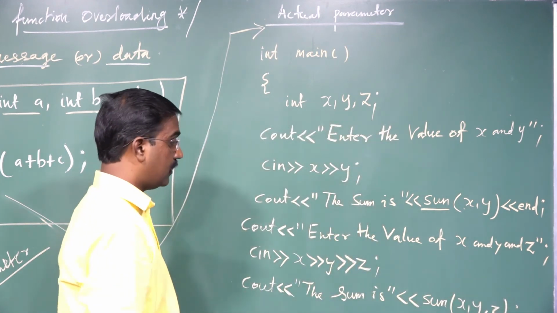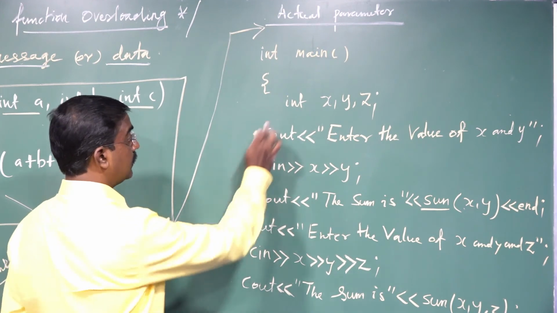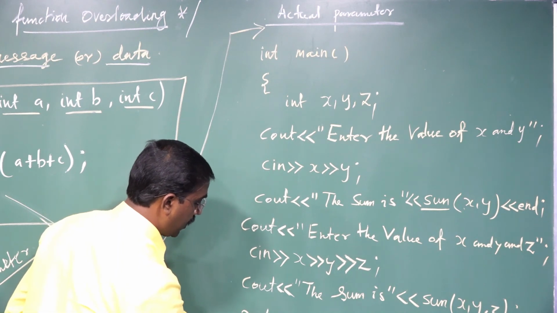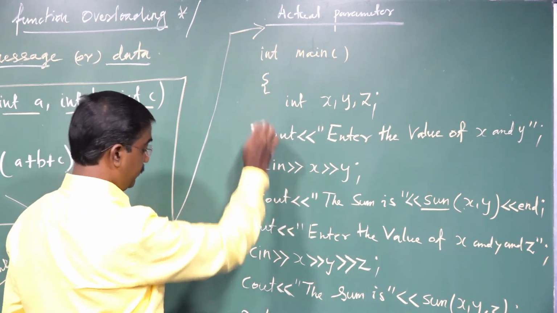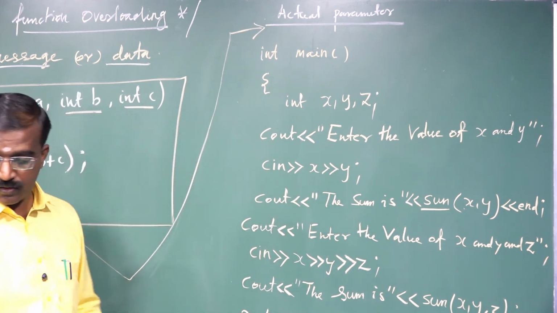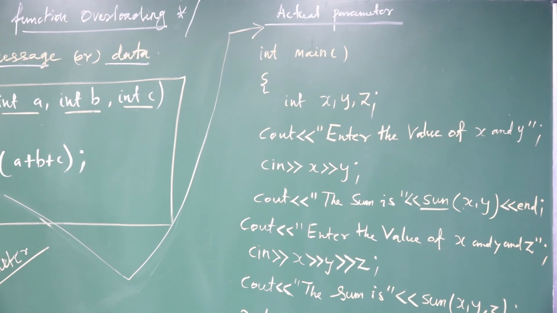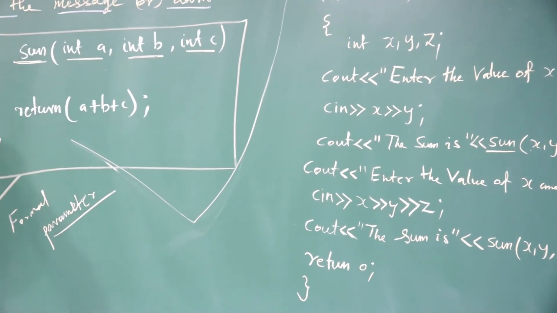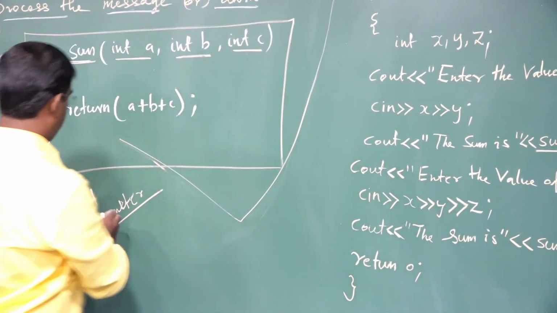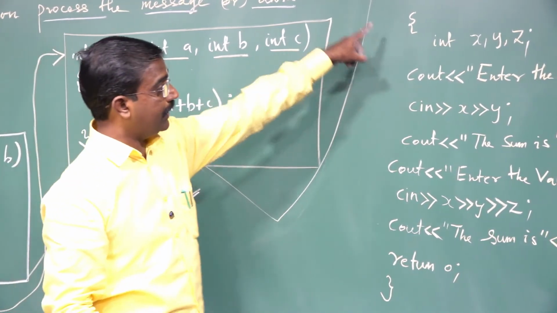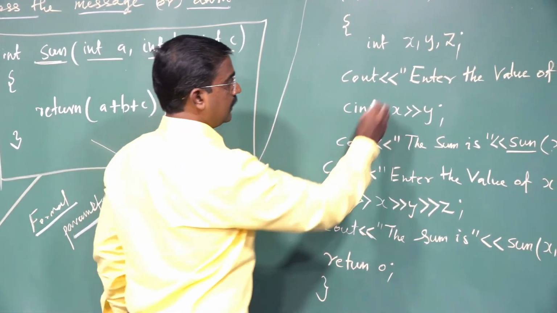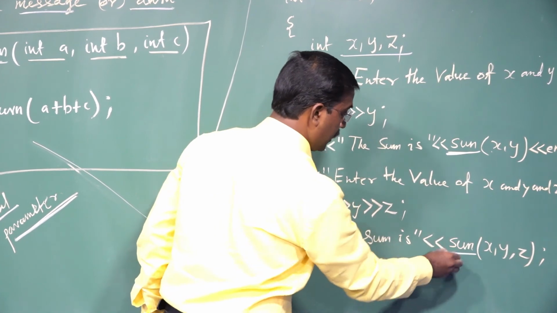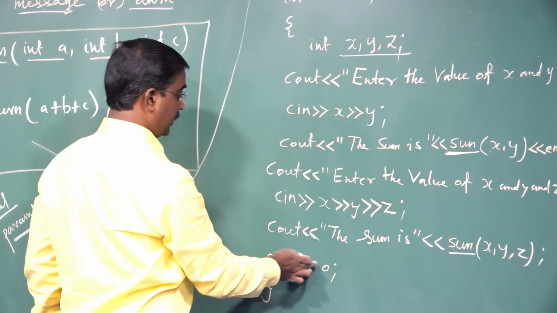Why? Because this is the last cout, and this is maintained for integer main. That's why at the end of the program, return 0, with an open brace and then a close brace. Again I will explain this program. Here sum, here also sum, these two function names. Here is the formal parameter, and in this place the actual parameters x comma y comma z are declared. The function name is sum, here also sum, this is 2 arguments, this is 3 arguments, so return 0.